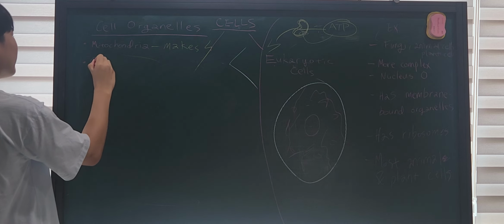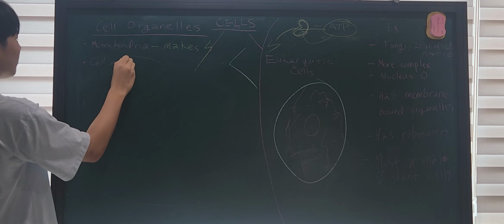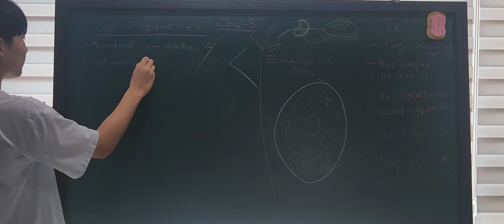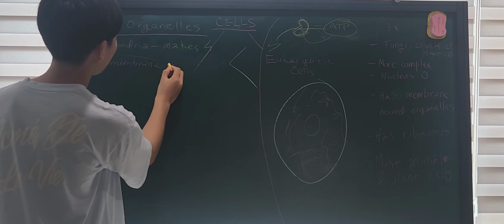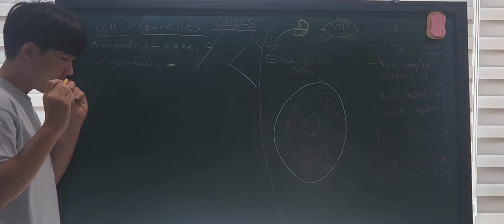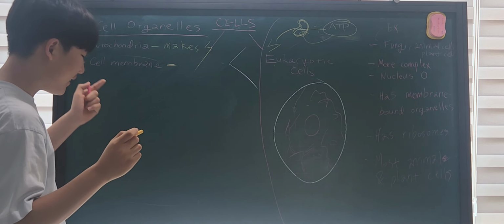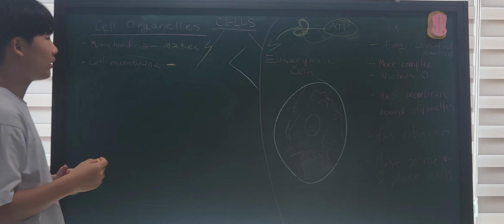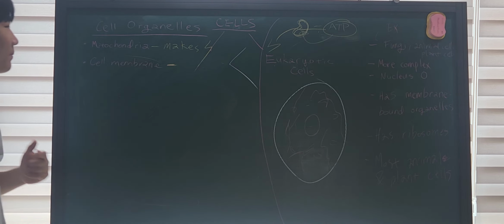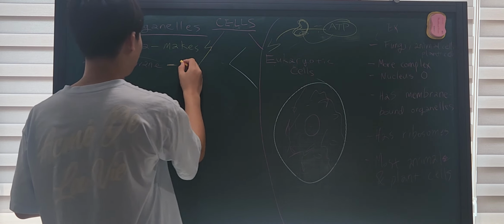Next, let's see about the cell membrane. The cell membrane is considered also an organelle, as it has a role. If something has a role in the cell, then it is a cell organelle.